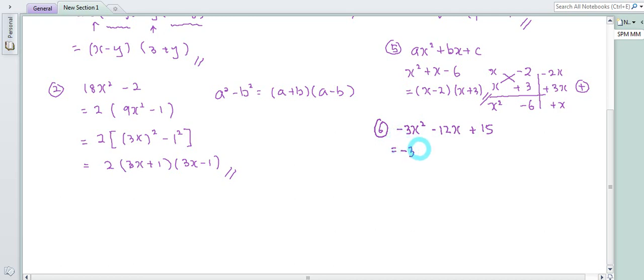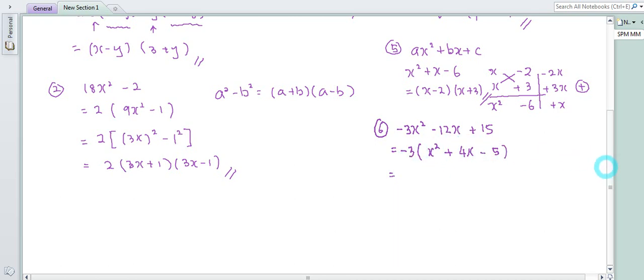So negative 3, I bring negative 3 go out. So here you will get x squared. So in order to get back negative, I have to put plus 4x. So I want positive, I have to put negative because negative outside, negative, it will become positive 5. So we double check again. Negative 3x squared, negative 12x, and positive 15.